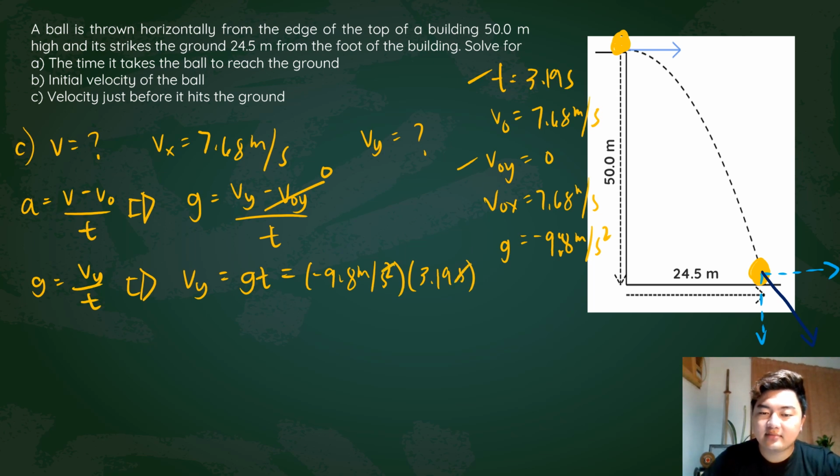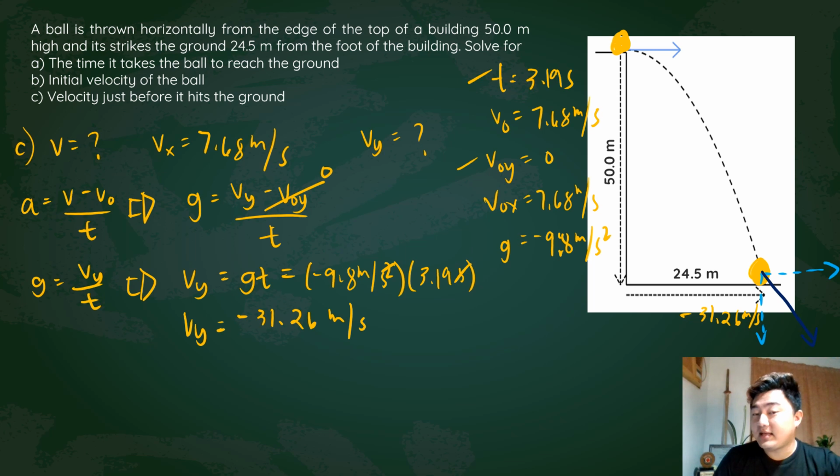Therefore, your final velocity in y is negative 9.8 times 3.19. So that will give you a value of negative 31.26 meters per second.